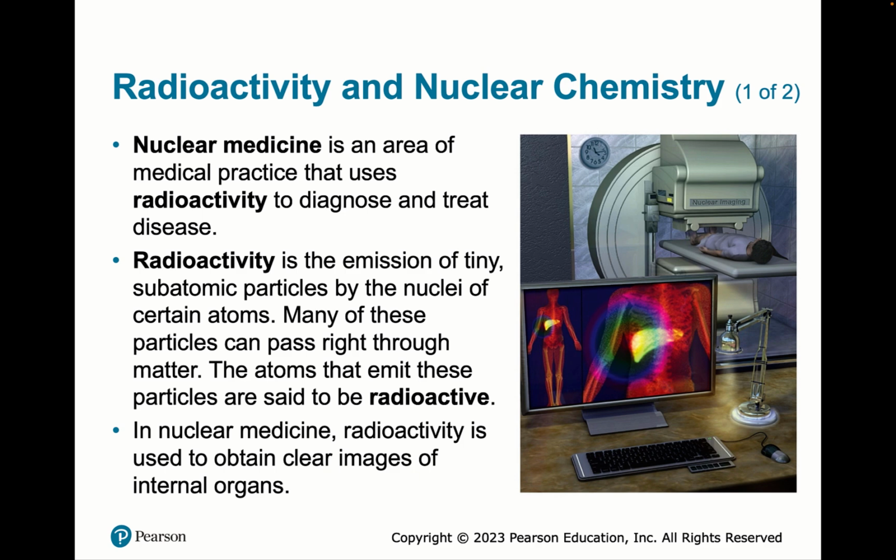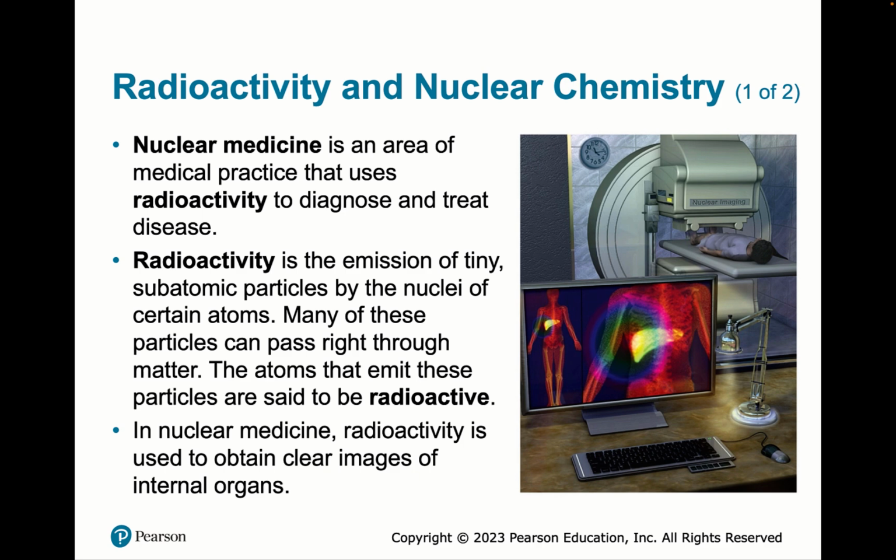When you have a nucleus, the nucleus has most of the mass of the atom, and there's a bunch of positive charges in the center, and these positive charges repel each other. So you have two things: the electrostatic repulsion in the nucleus, and the strong nuclear attractive force between protons and protons, protons and neutrons, and neutrons and neutrons.